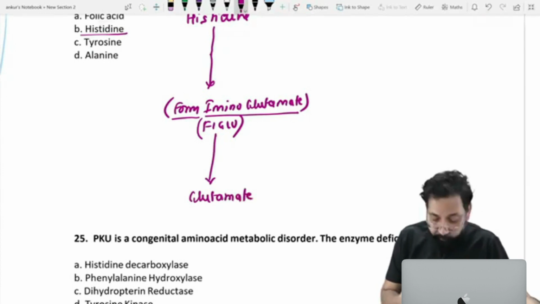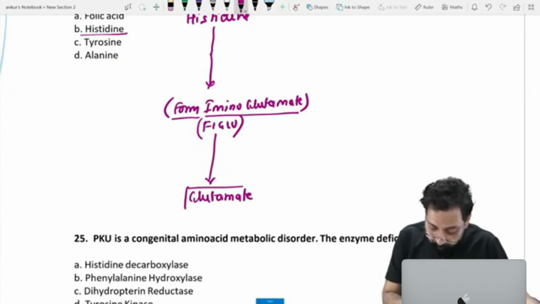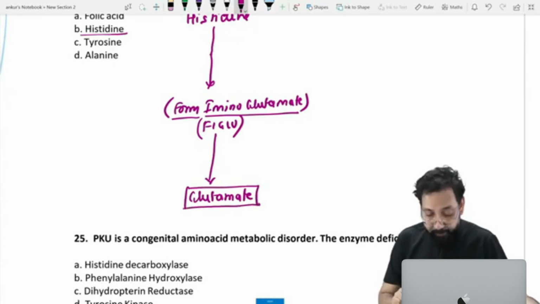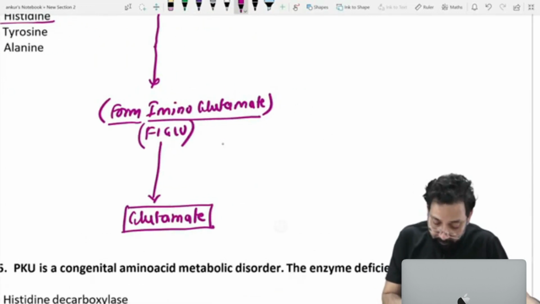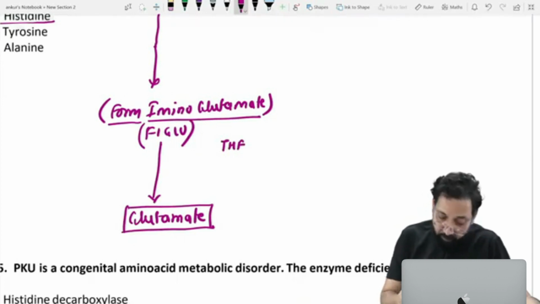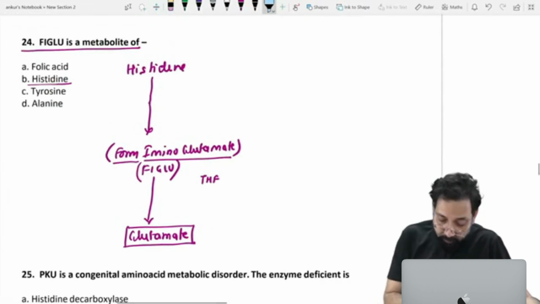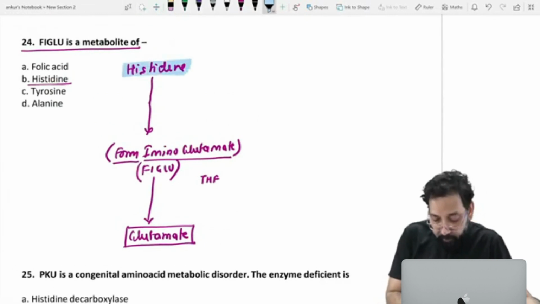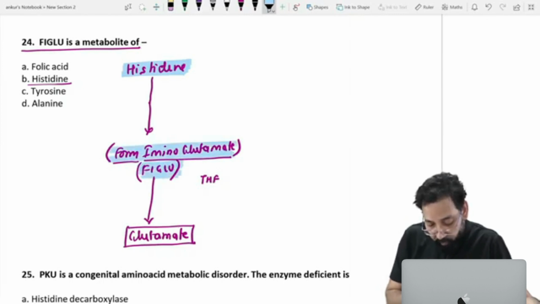Histidine is converted to Figlu, formiminoglutamate.